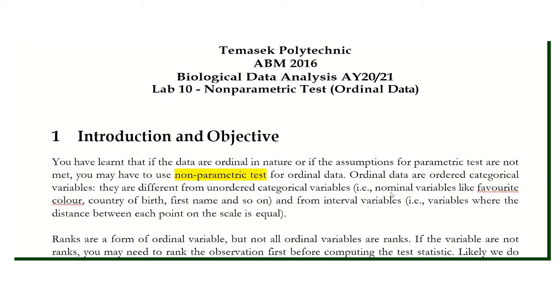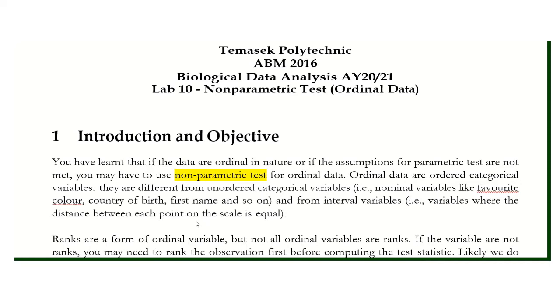So it's your unordered category variable. Ordinal data is also different from interval variable. Interval variable must have the same equal distance between each point, but for ordinal data, we do not require that.